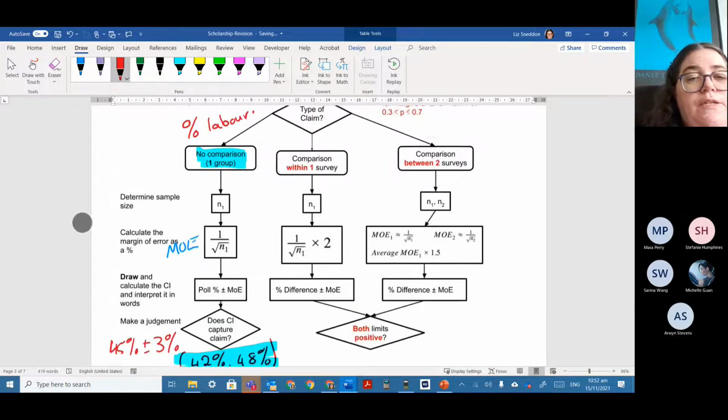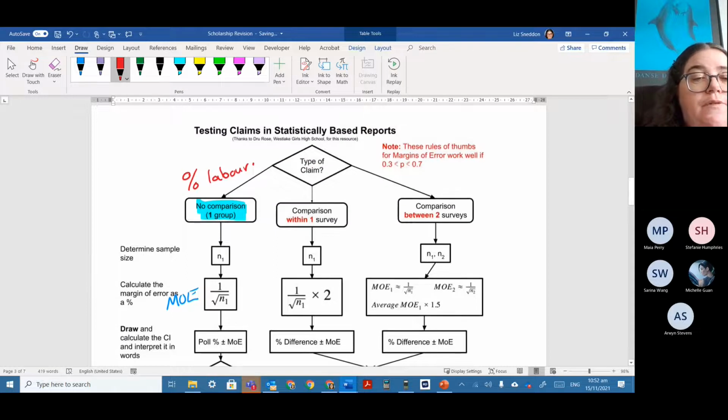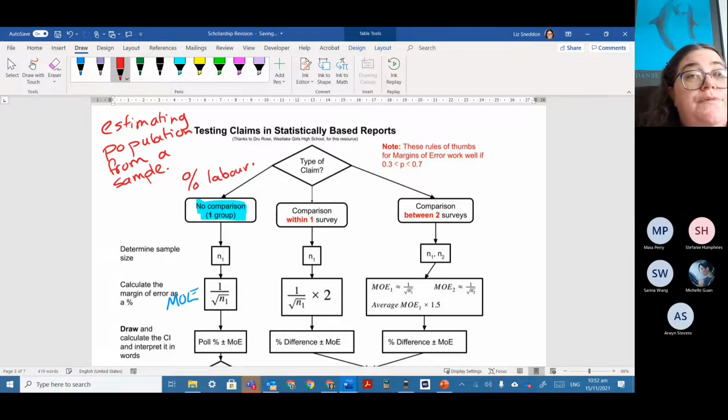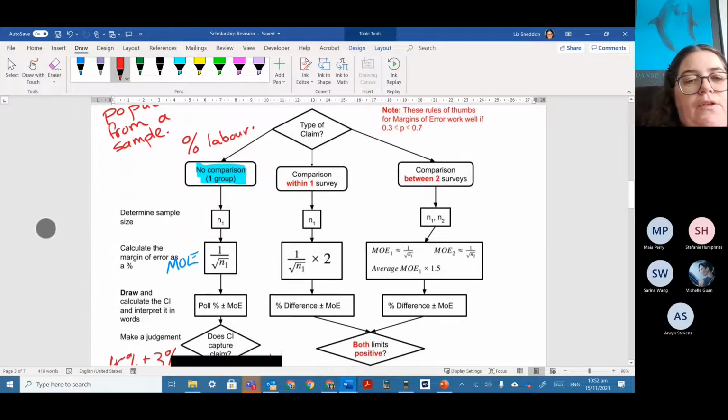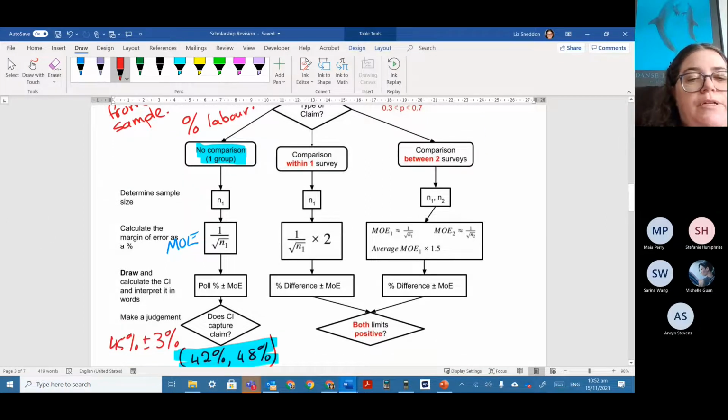So our confidence intervals, any type of confidence intervals, are estimating the population from a sample. Okay, so that's what that confidence interval is, it's estimating what the population might be based on a sample. So with no comparison, we just use our margin of error formula, 1 over the square root of n.